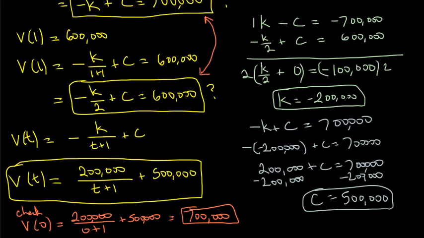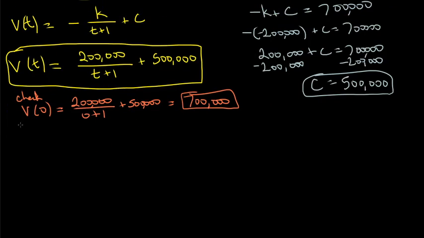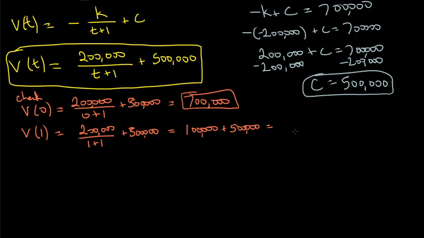How about the value after 1 year? If I replace t with 1, I get 200,000 divided by 1 plus 1 plus 500,000. Now, 1 plus 1 is 2, so 200,000 divided by 2 is 100,000 plus 500,000, and that's 600,000.